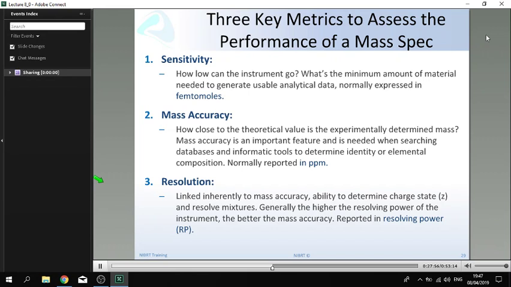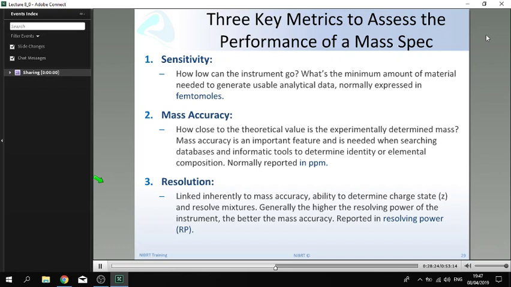So we want to see how close the value determined by the mass spectrum is to the theoretical value. This mass accuracy is an important feature, and it's needed when searching databases and informatic tools to determine the identity of your composition, like when you get a fingerprint and compare it to your database to see what you actually have. This is normally reported in ppm, or parts per million.